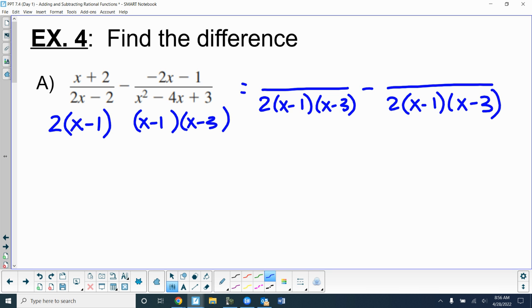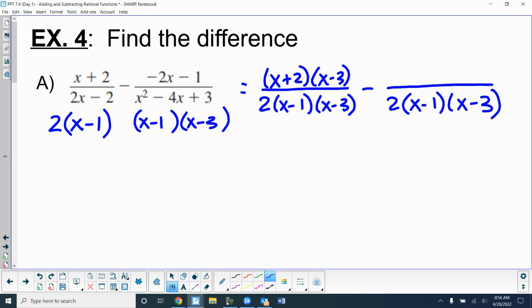So, here's the original first denominator. Here's our common denominator. What did we do to it? Multiplied by what? X minus 3. So I have to multiply the x plus 2 by x minus 3. Okay.